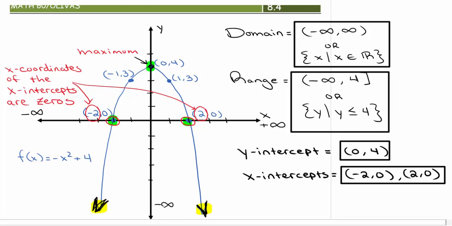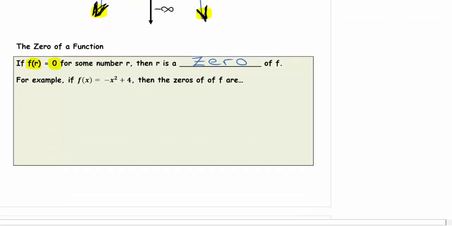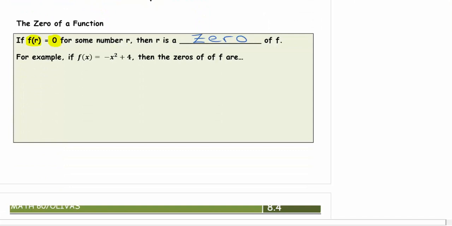Another way of identifying the zeros, if we didn't have this information and all we had was this function or this equation, is I could have set this equal to 0 and then solved this equation. I could solve this by factoring out a negative, and then I have the difference of two perfect squares, which factors into x plus 2 and x minus 2.